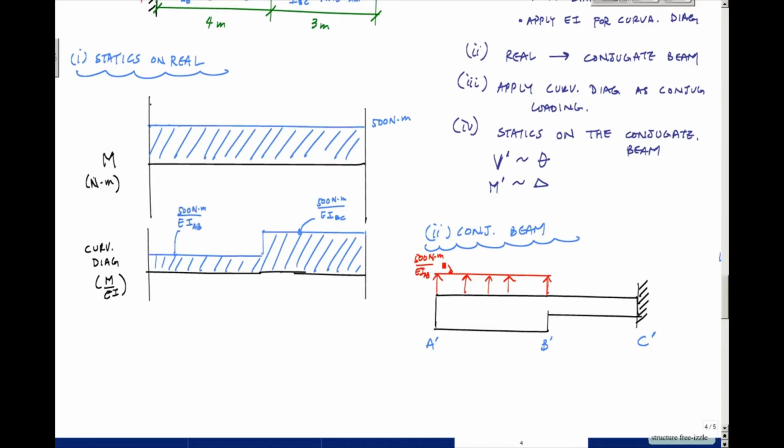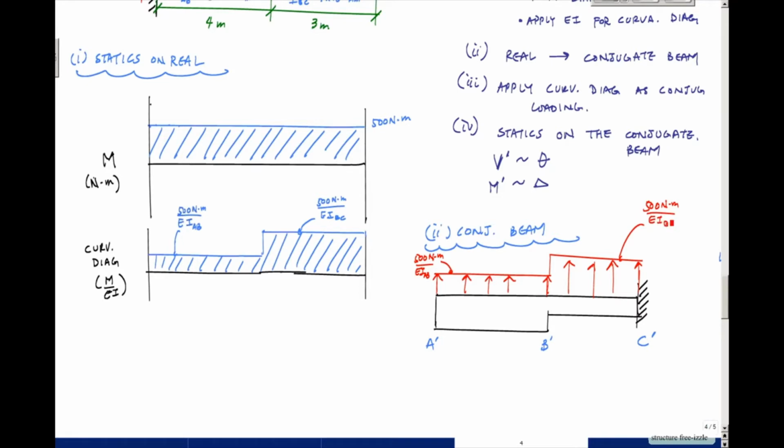Same thing for segment BC, because I have a positive curvature: this is going to be 500 Newton meters over EI BC.